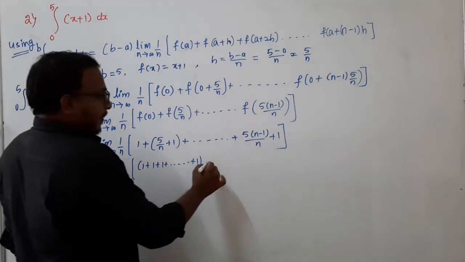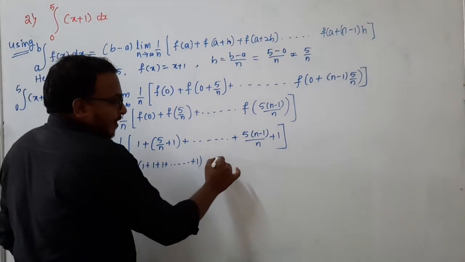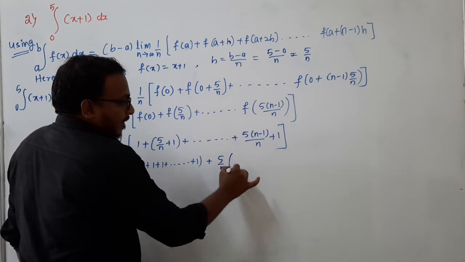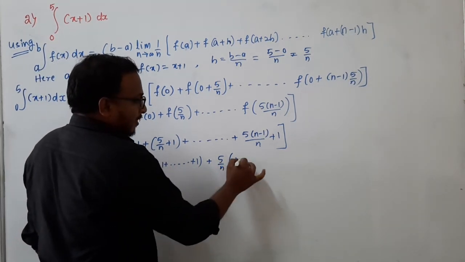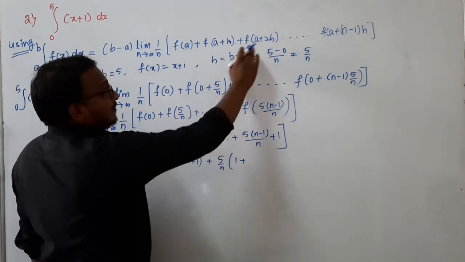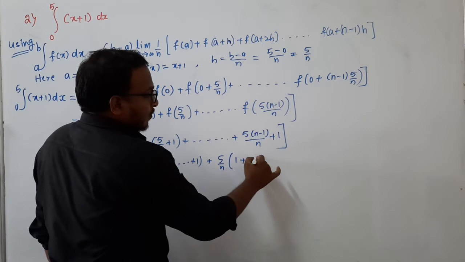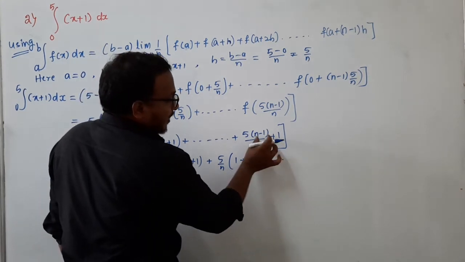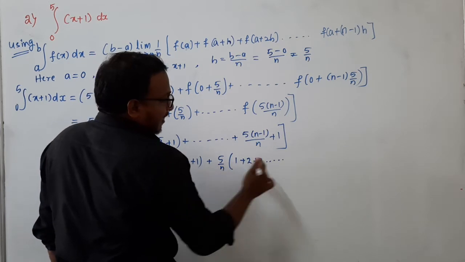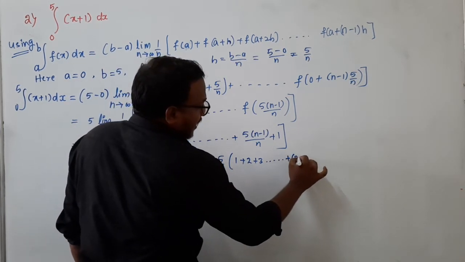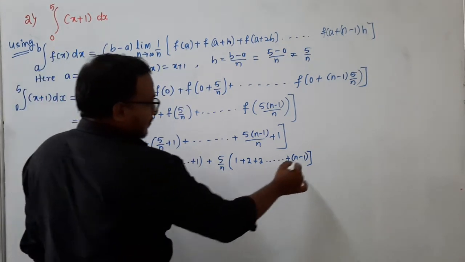Next, plus, I am taking 5 by n as a common factor. Here the remaining value is 1. Next, the h value is increasing, so there will be 2, 3, and so on. I am taking 5 by n as a common factor, and the remaining value is up to plus n minus 1.